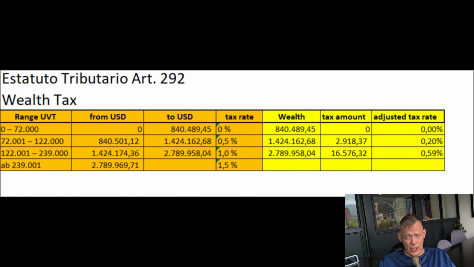Here we also see the adjusted tax rate. When you have a wealth of 1.4 million, you pay around $3,000 wealth tax, which is 0.2%. So it's not that dramatic as many people think.